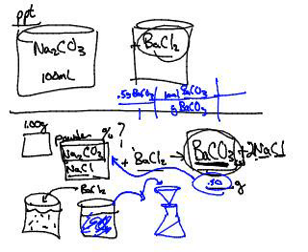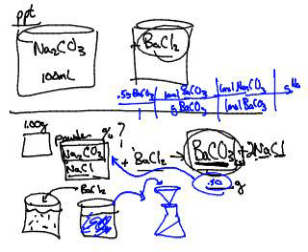The ratio is 1 to 1, so 1 mole of the sodium carbonate to 1 mole of the barium carbonate, times grams of the sodium carbonate to 1 mole of the sodium carbonate.